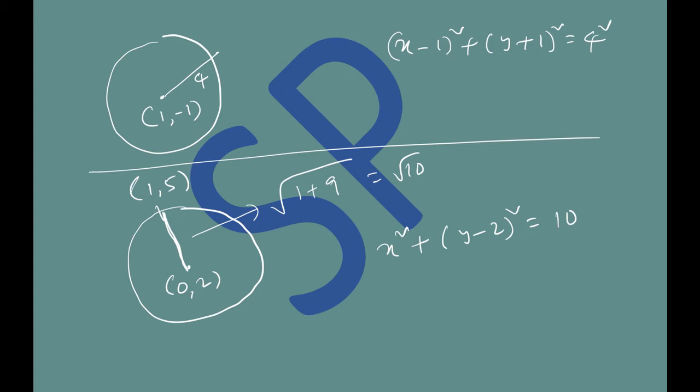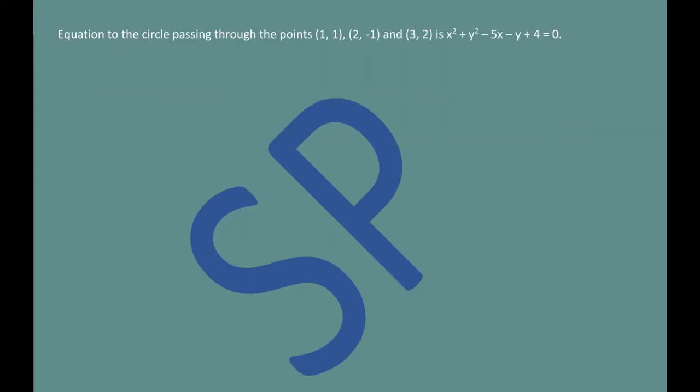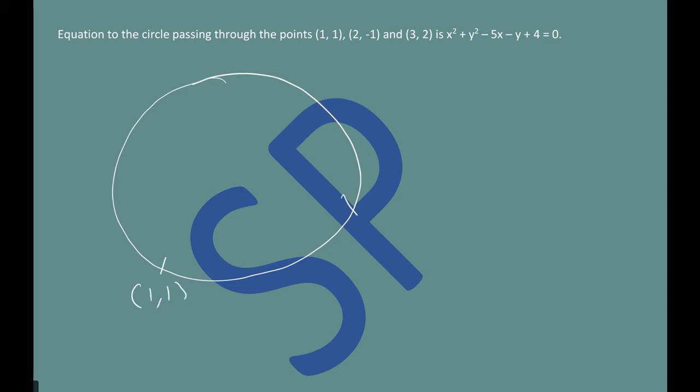So, to find equation to a circle, usually we look for its center and radius. Now, look at this problem. We want equation to the circle passing through the points (1, 1), (2, -1) and (3, 2).